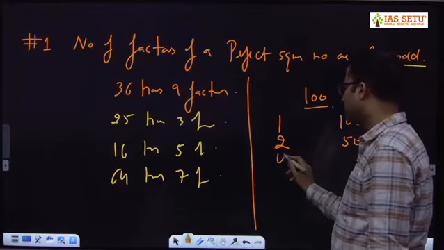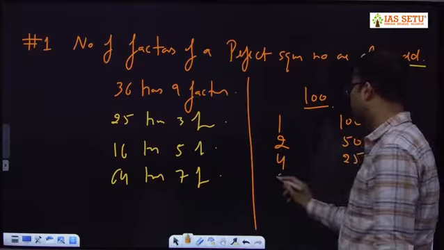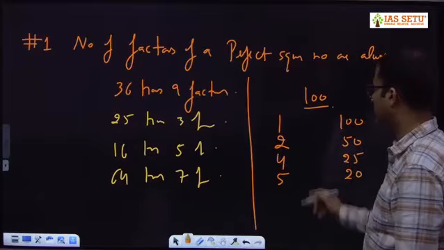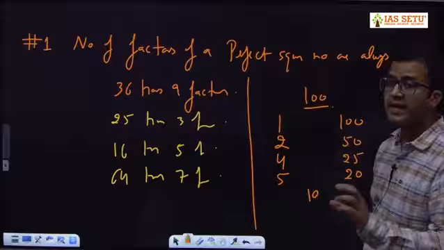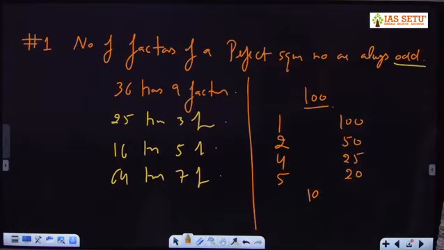It is not divisible by 3. 4 makes a pair with 25. 5 makes a pair with 20. It is not divisible by 6, 7, 8, 9. It is divisible by 10. But 10 makes a pair with 10 itself. 10 की counting तो एक बार करेंगे.